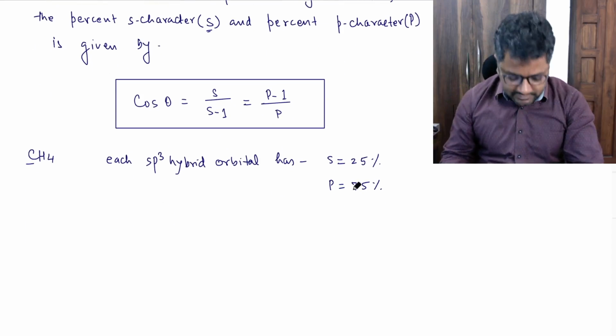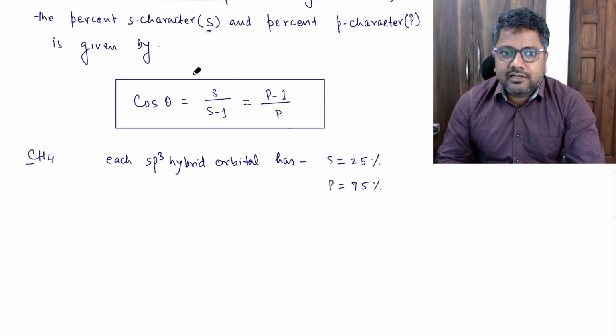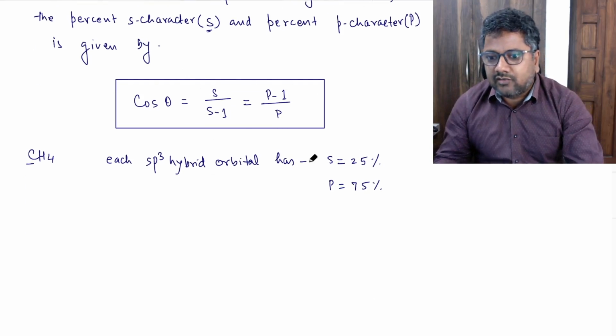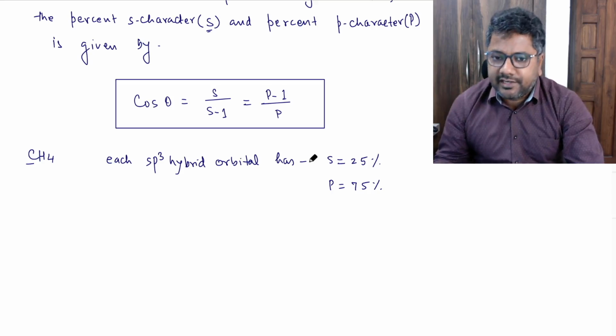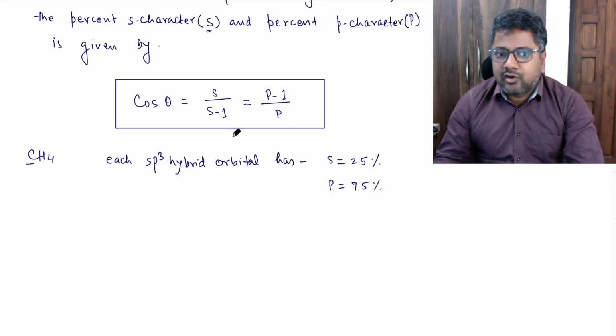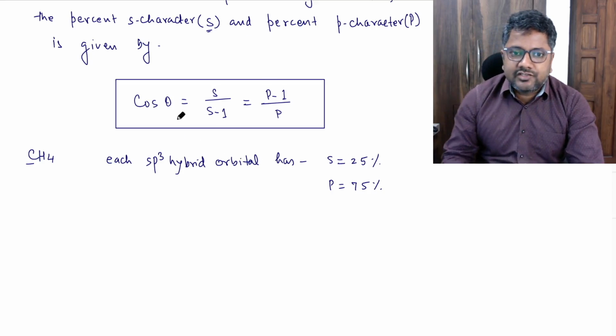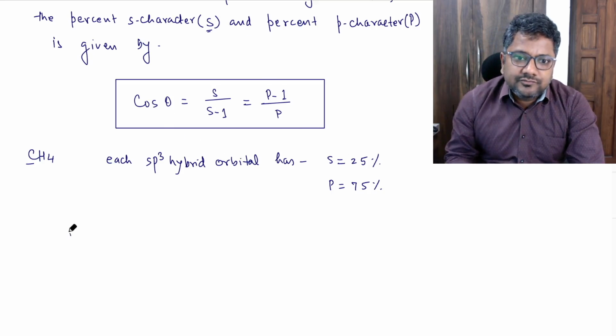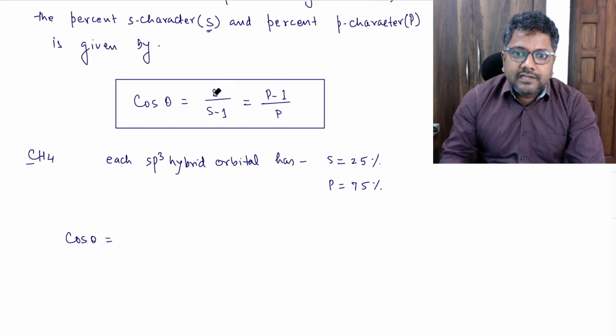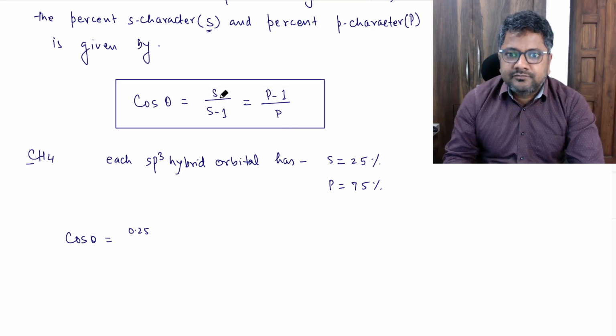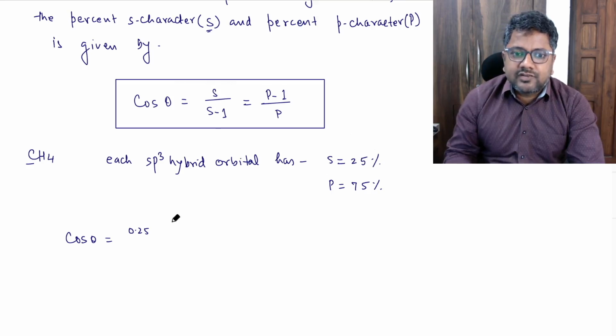So if you want, you can justify this bond angle. We know that 109 degree 28 minute is there, so we can prove that bond angle from this formula. So cos theta is equal to, either you can take this relation or this relation. If I am taking s equal to 0.25, because don't put 25 here, 25 percent, you should put the fractional value 0.25 by 0.25 minus 1.